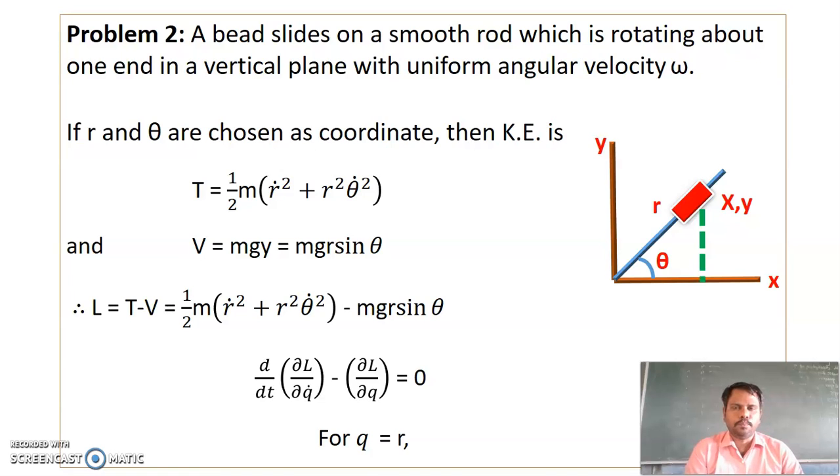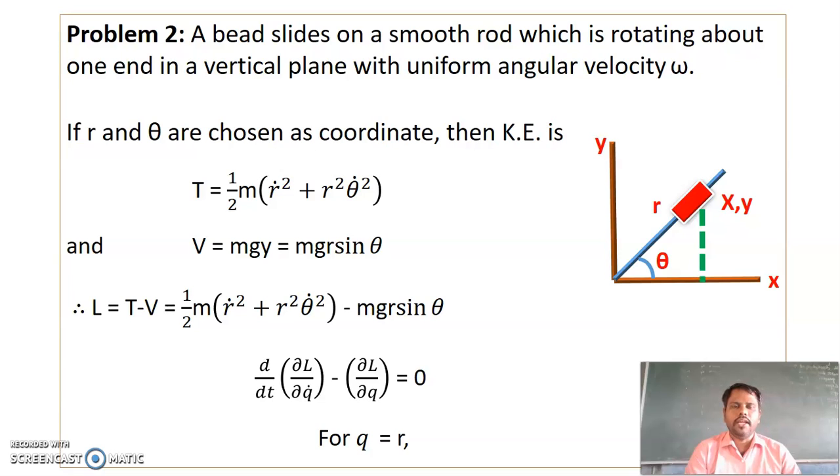Problem number 2. A bead slides on a smooth rod which is rotating about one end with a uniform angular velocity omega. Now I need to set up the Lagrangian equation by knowing its kinetic energy and potential energy for a sliding bead.